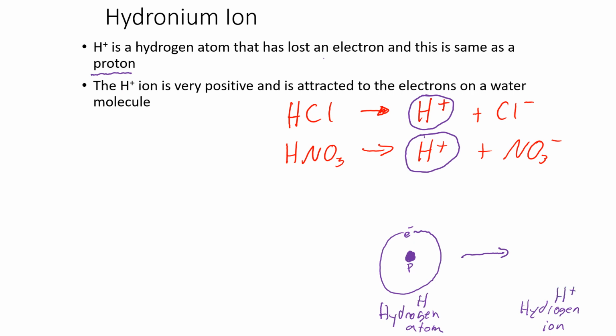The plus means it lost an electron. So if it loses an electron, it's just a proton. What's the difference between a hydrogen ion and a proton? A hydrogen ion is the same as a proton.